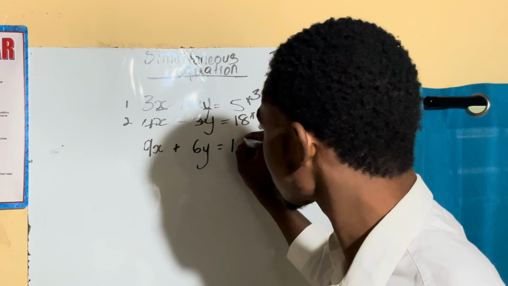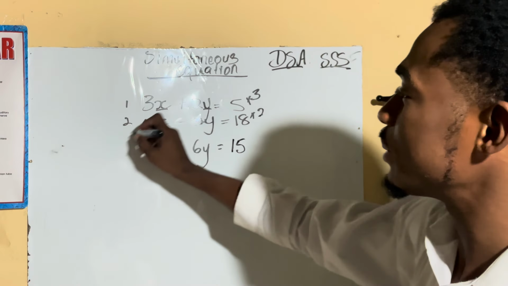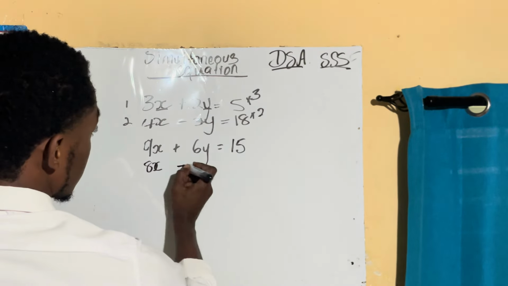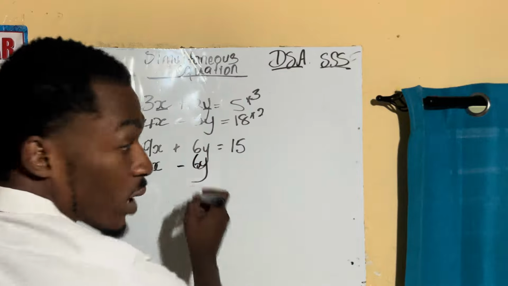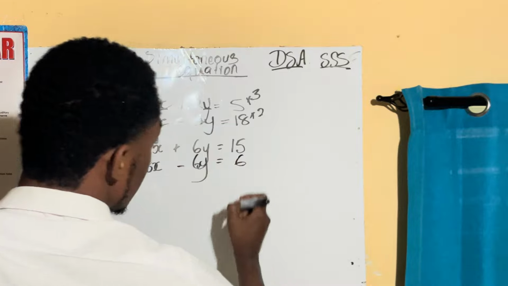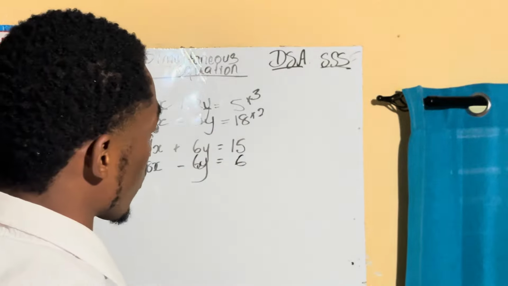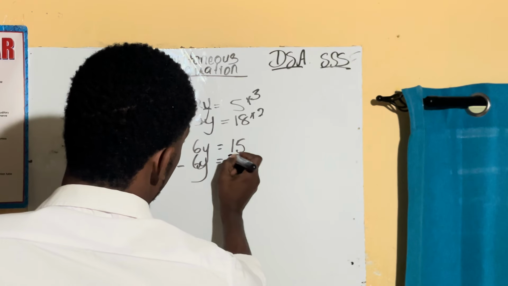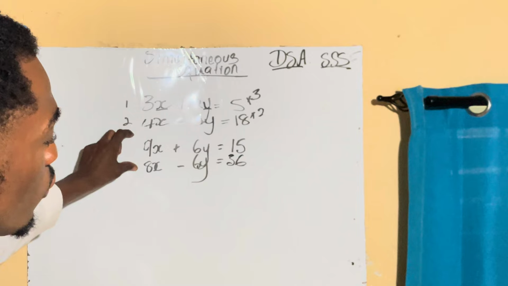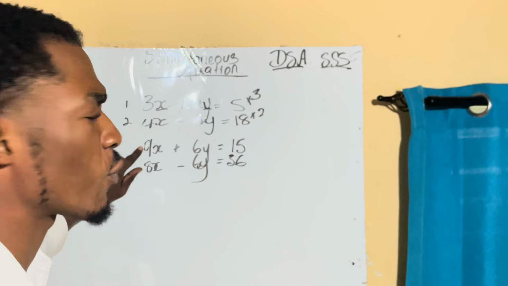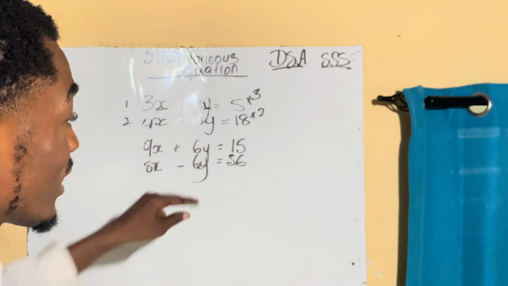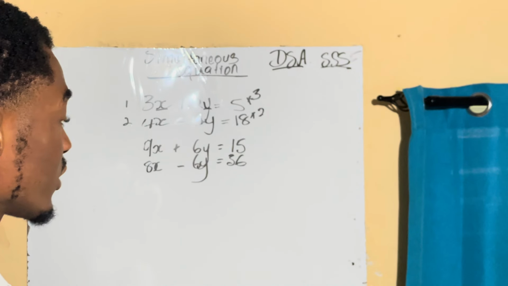Now we have 2 times 4, which gives us 8x, minus 2 times 3, which gives us 6y, equals 2 times 18. 2 times 8 is 16, put down the 6, carry the 1. 2 times 1 is 2, plus 1, 36. So this is our new equation that we are working with. We have 9x plus 6y equals 15, and 8x minus 6y equals 36.